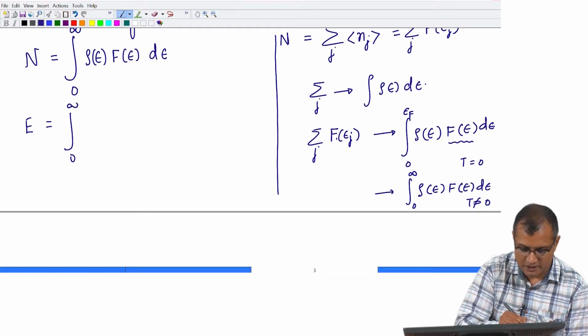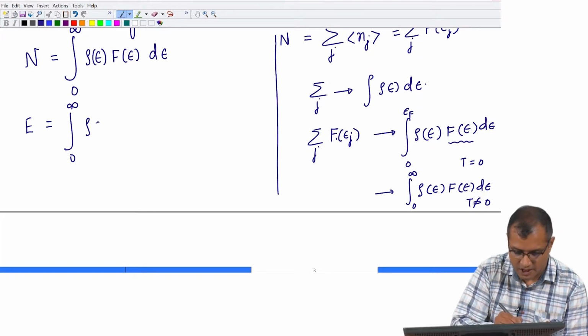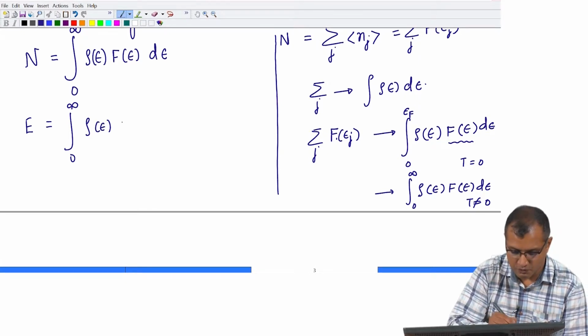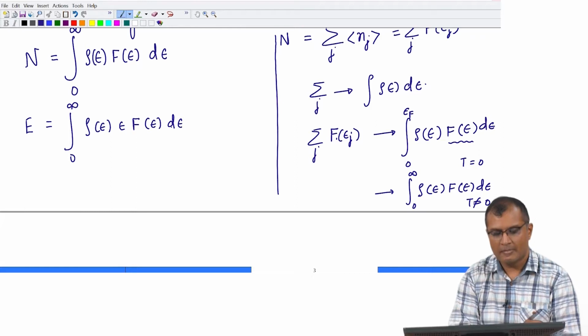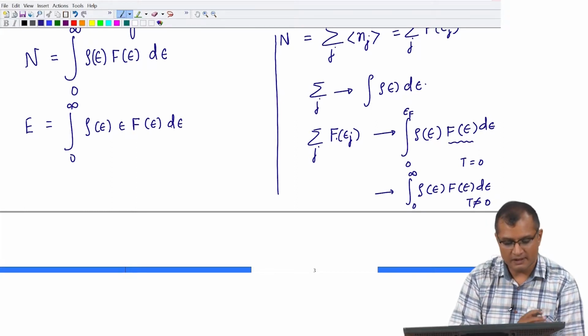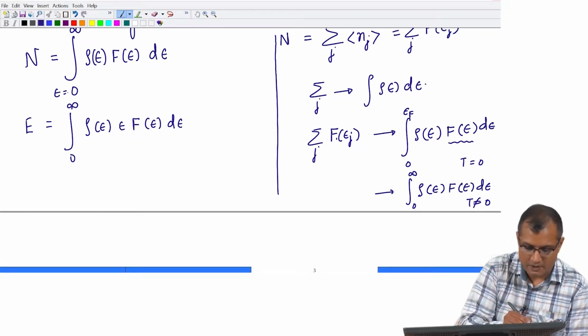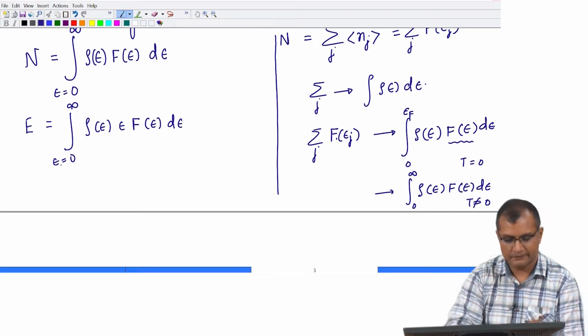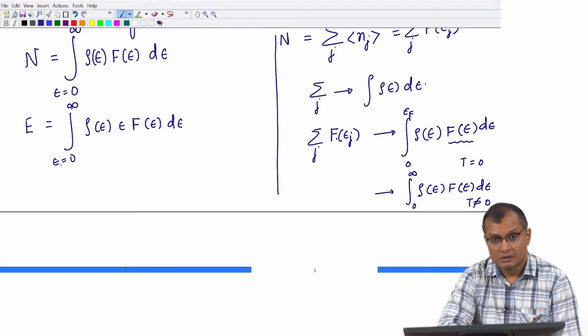We will write down the integral as our density of states into energy into Fermi function integrated over all possible values of energy. In this case, the energies will go from 0 to infinity.